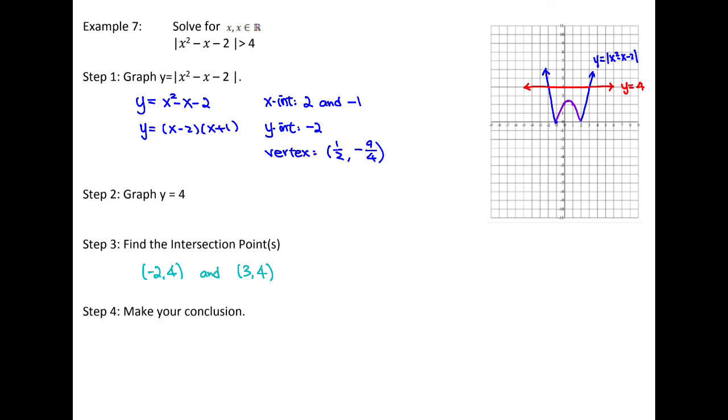That means we want the regions where the blue line is higher than the red line, which is this region here and this region here. So this region is x smaller than negative 2, and the region on the right is x greater than 3. Therefore, we say x is an element of negative infinity to negative 2, union 3 to positive infinity.